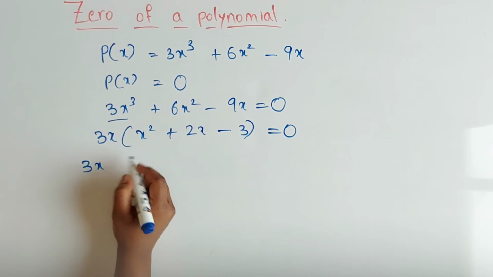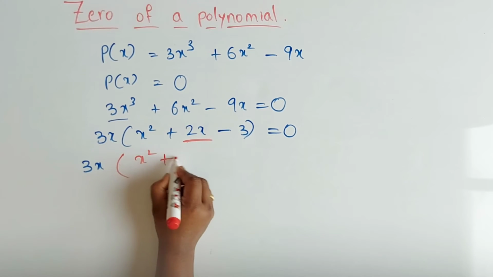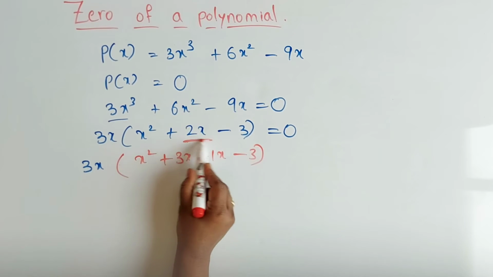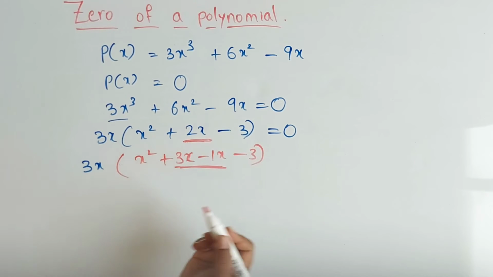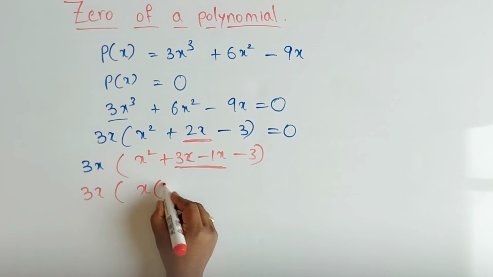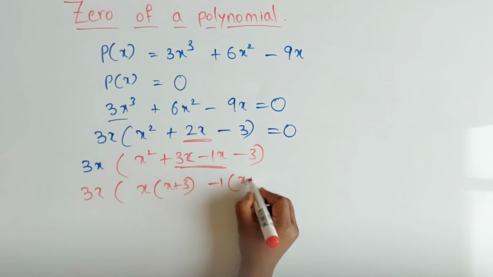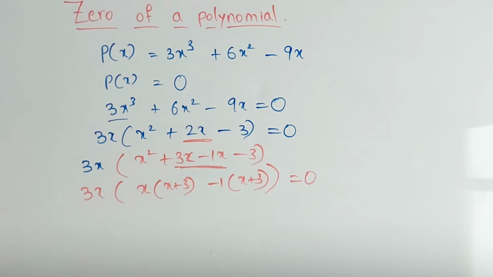3x will be outside. Now here x square, in place of 2x I am writing plus 3x minus 1x, minus 3. Correct, children? In place of 2x I am writing 3x minus 1x, that is nothing but 2x. So x common, so x plus 3 here. Minus 1 common, x plus 3 here. That equal to 0. Now write the terms separately. So 3x outside anyway.